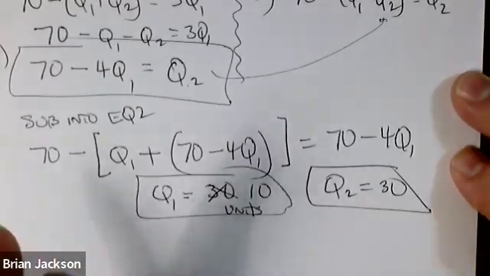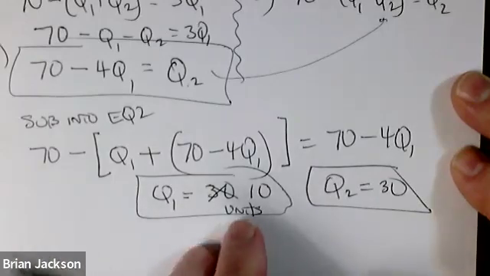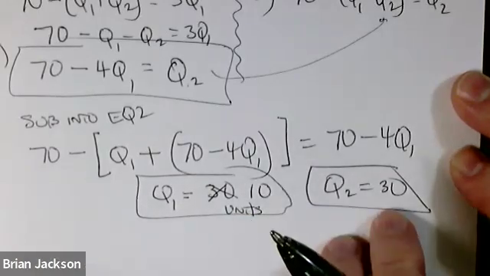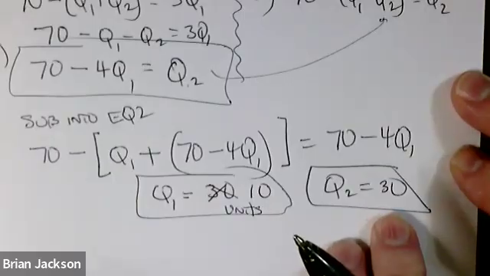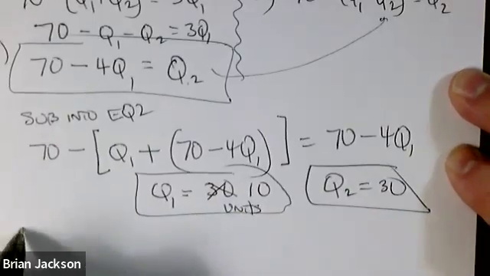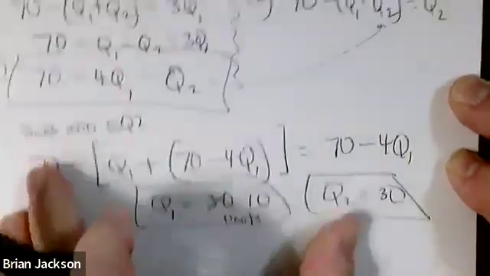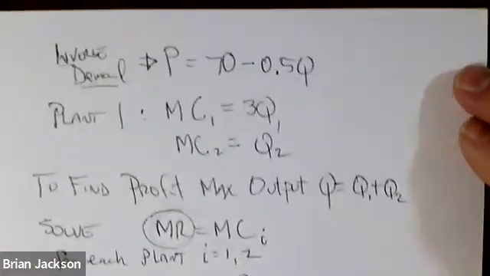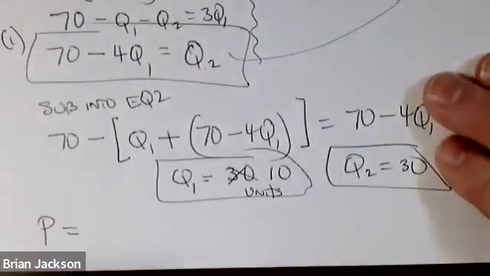They're making these chairs. It's identical chairs, but in two different plants. So they're going to make 10 in one plant and 30 in the newer plant, but they're going to charge the same for all of them. All you have to do is use the demand curve way back here at the top, 70 minus 0.5 Q, to find out what the price is.